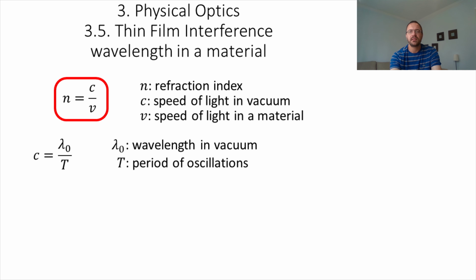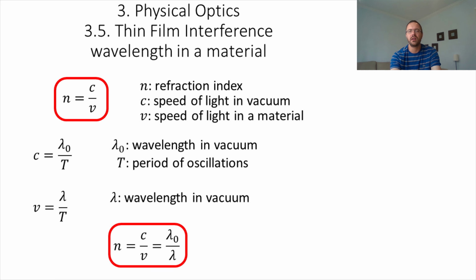And in a material, the speed of light is v equal lambda over T. The period remains the same because the frequency remains the same, but the wavelength is modified. In fact, in a material, the wavelength is smaller because the speed of light is smaller. And the wavelengths are related by the relation n is equal to lambda naught over lambda.